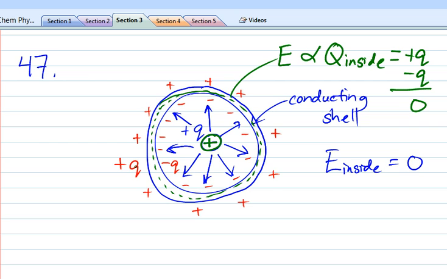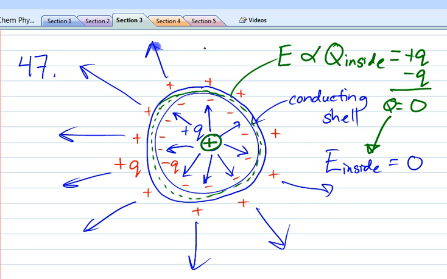I'm not counting the positive on the outside. I'm just starting in the middle and going to the green circle. And because of that, if I have Q equals 0, then my electric field is going to be 0. But then once we get outside of the conductor, the field starts going out again.